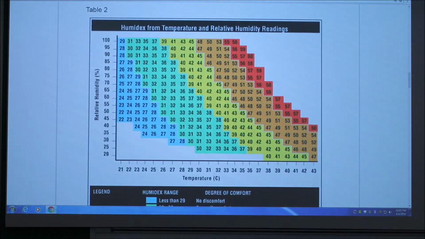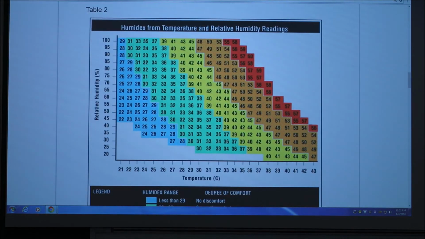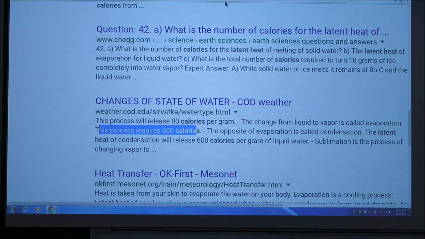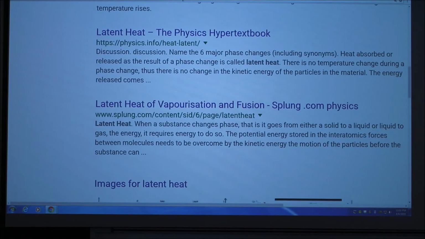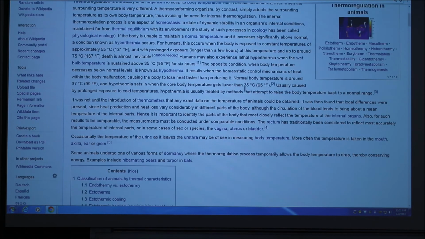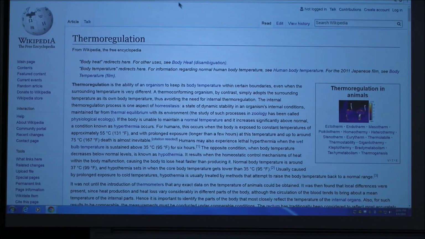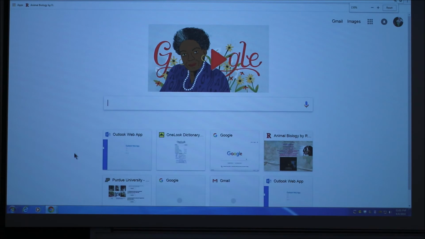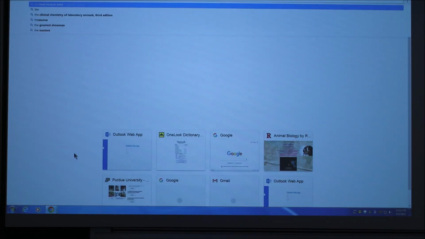Okay, so now I want to go and talk about the thermal neutral zone. And it looks like I must have crashed my Google on that. So we'll do this. So here it is, thermal neutral zone.